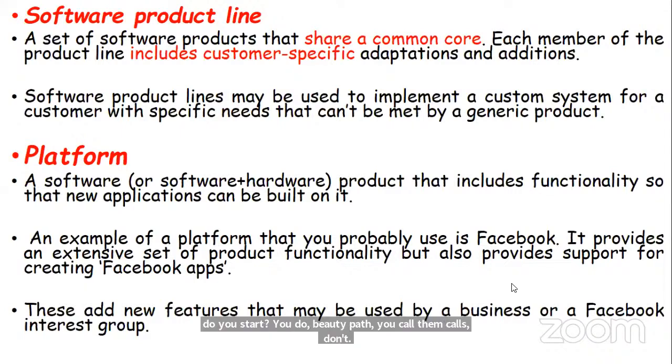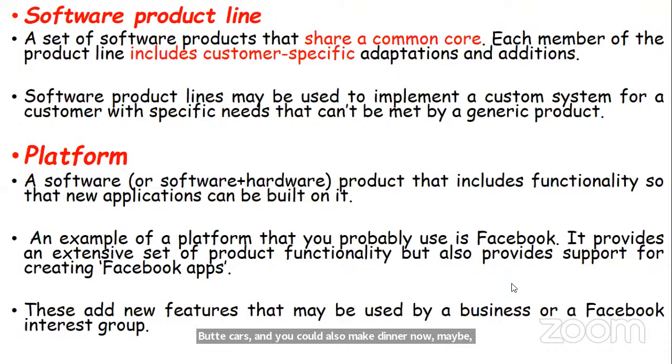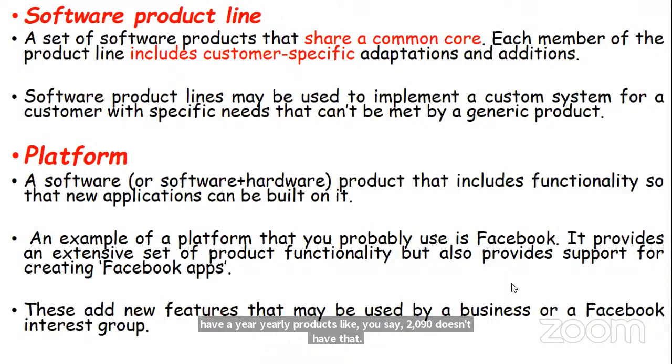And you could also make general ones, like the Camry. They have yearly products like 2000 and this, 2000 and that. So those are just generic. But there are some that are specific. What we know is common in all these is that all the cars must have tires.